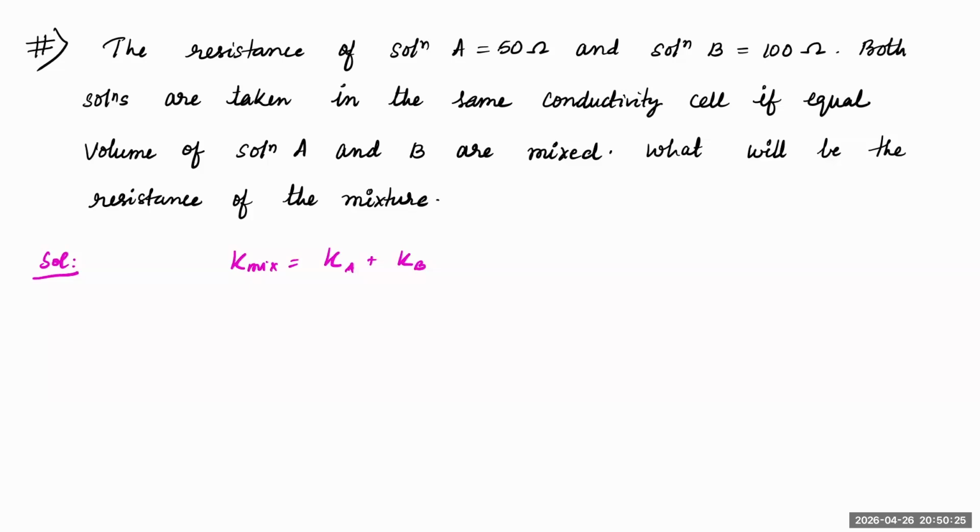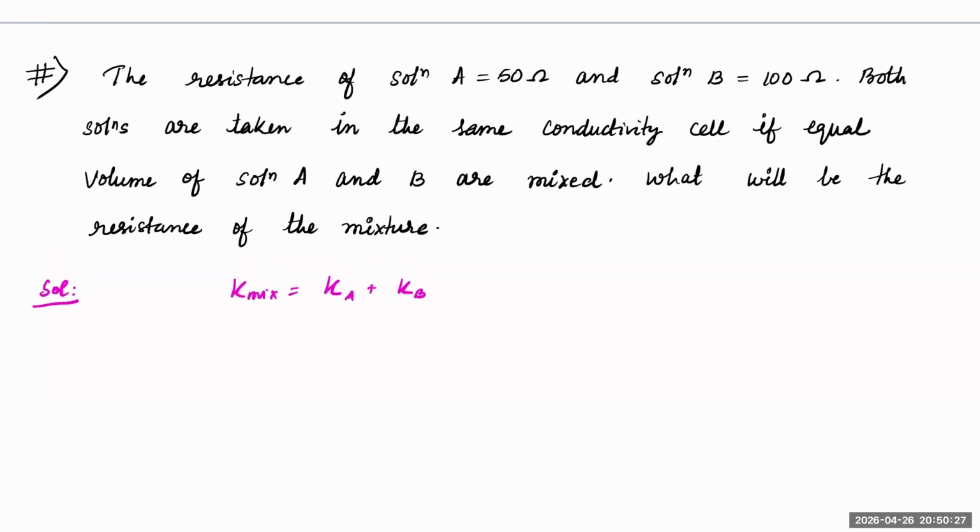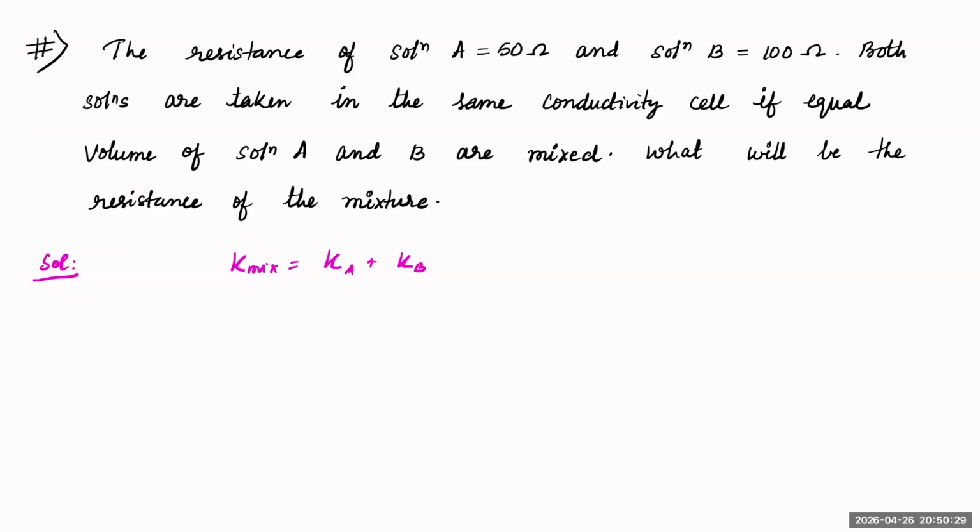So now what would happen here is, when you have these concentrations, you know that the cell constant, which I can write as G star, is equal to L by A, and kappa is equal to G star by R. Because you are using the same dimensions of a cell, I can say K of mixture should be equal to Ka plus Kb.